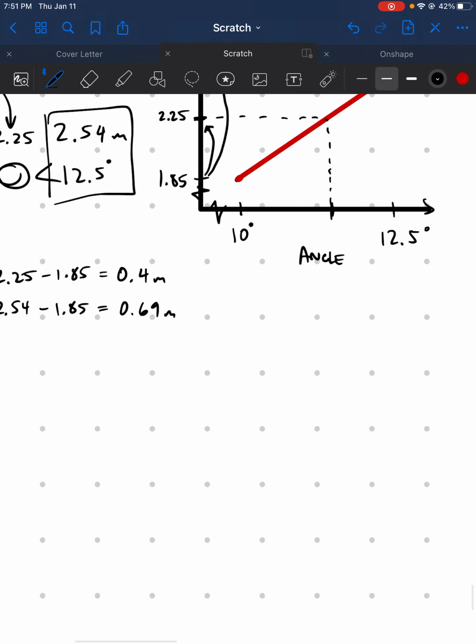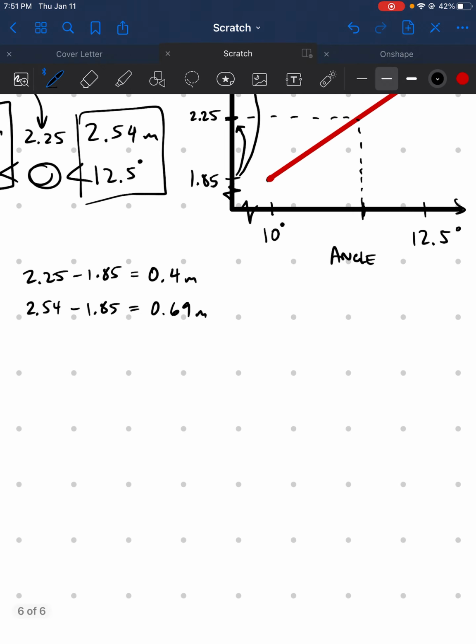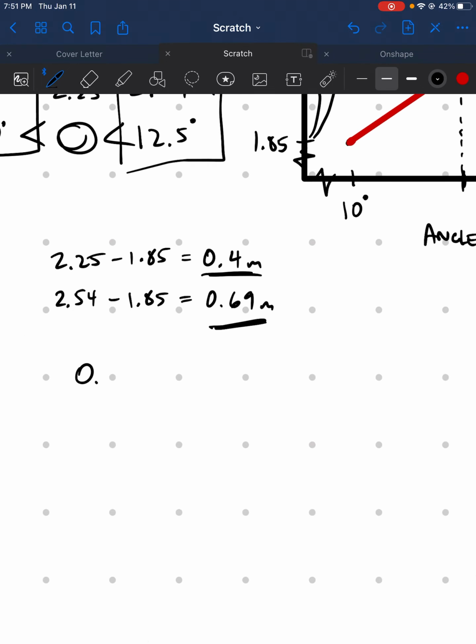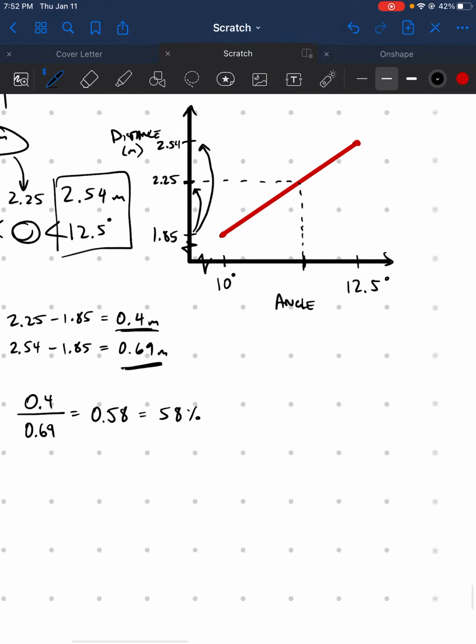I don't know how to count. So this is a certain fraction of this overall thing, right? And all we're doing is calculating what that fraction is. 0.4 divided by 0.69 gives you 0.58, or maybe a better way to think about it is 58%, right?